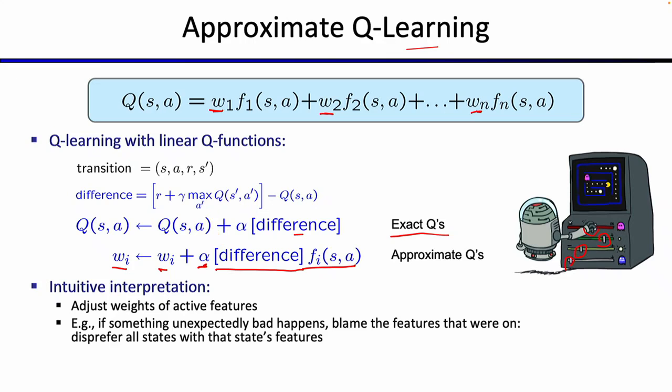And let's take a look at an example of how this behaves. I should say, this is now approximate. This is not exact Q-learning, because we might want to set a Q value to something, but we might not have the expressive power just by tweaking these W's to do it. So now our Q values are going to be approximate.